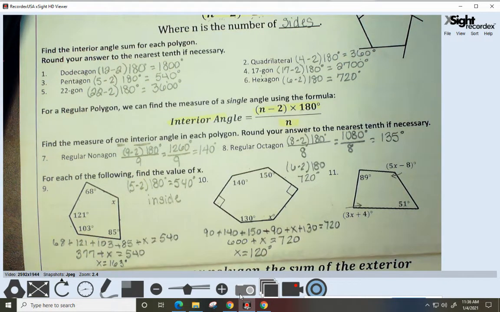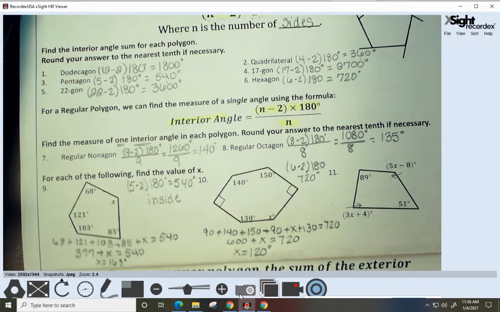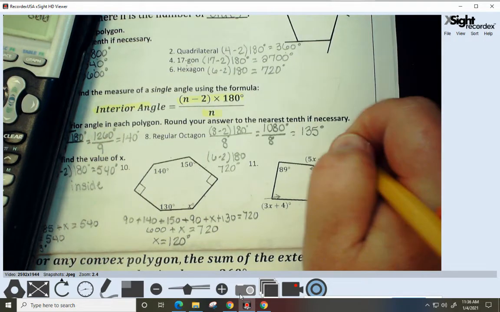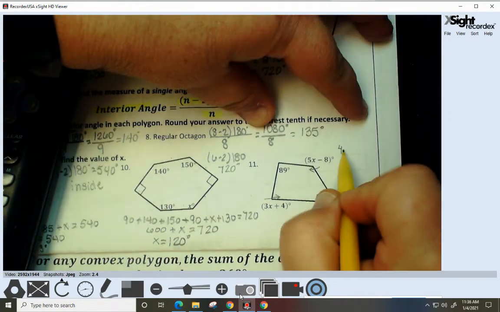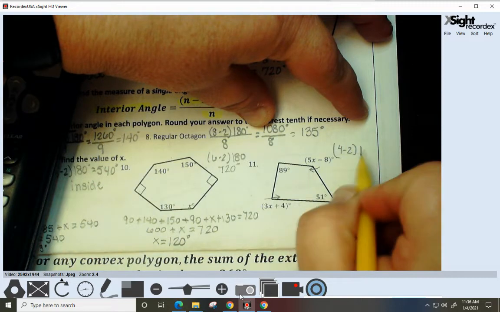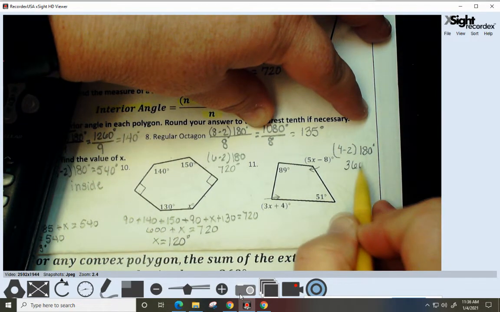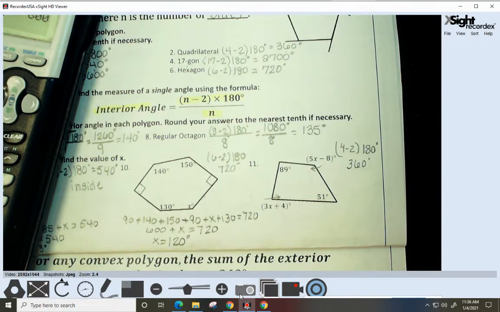And then the last one, I'm going to start doing the exact same thing. It's 1, 2, 3, 4. So 4 minus 2 times my 180. So there's 360 degrees inside of this figure.